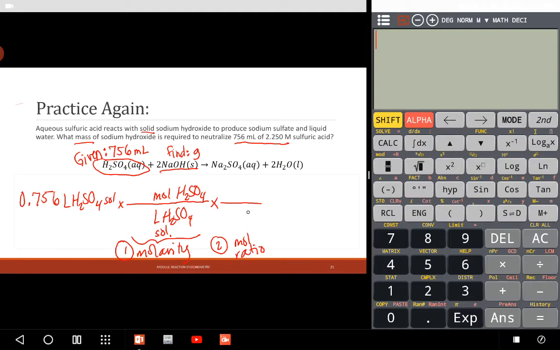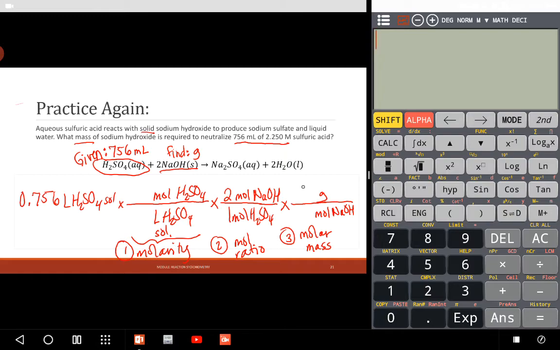So my molar ratio says that for every 1 mole of H2SO4, I'm going to be needing 2 moles of NaOH. Then I need to get out of moles. I'm asked to find grams. So I need to get into grams from moles. That means I'm going to be using the molar mass, because molar mass has units of grams per mole.